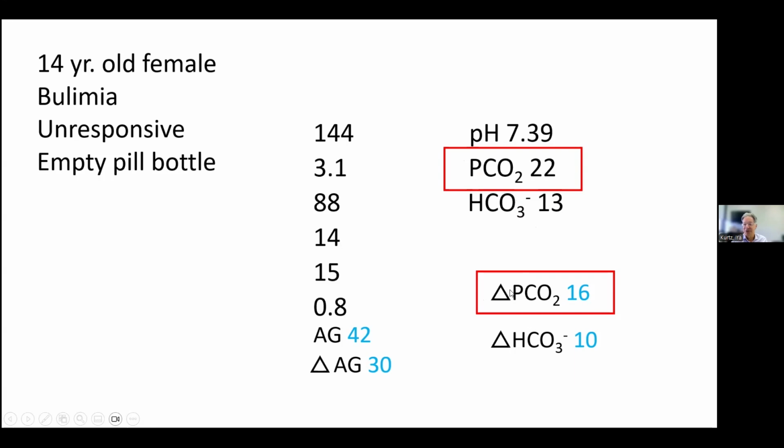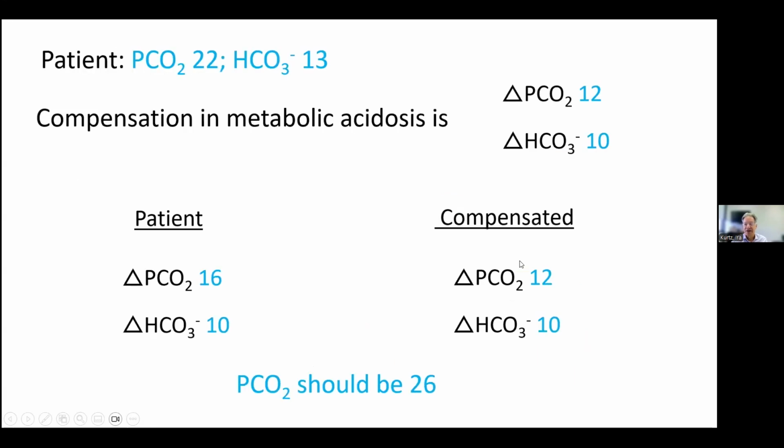So this patient had a PCO2 fall of 16 for the fall in 10. And that means the PCO2 was 22 and the bicarb 13. Again, 16 to 10. But we know from the simple acid-base rule, it should have been 12 to 10, which means the PCO2 should be 26 if it's a female. Fallen 38 minus 12 is 26.